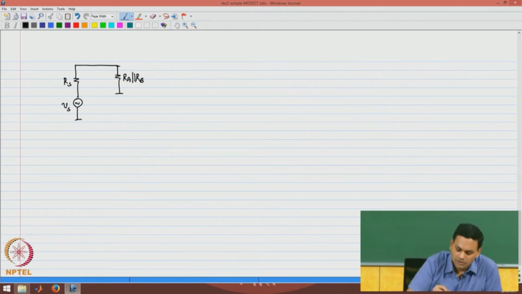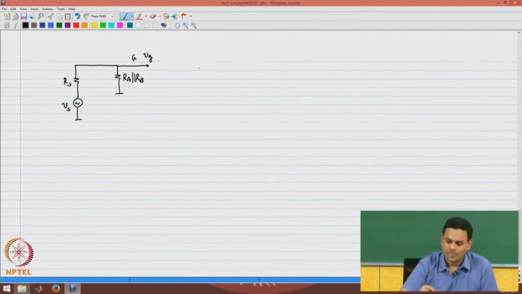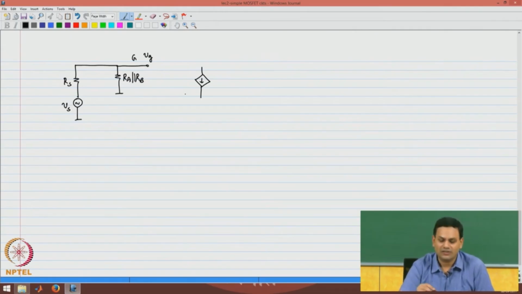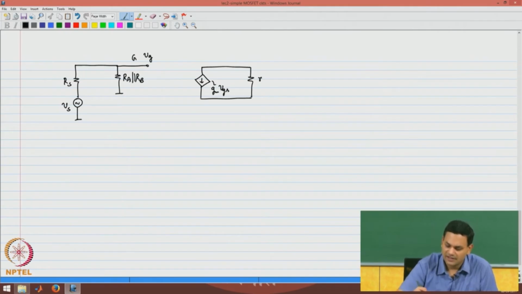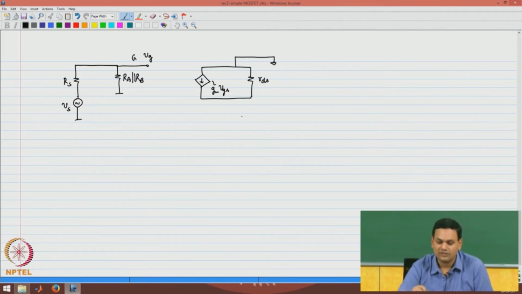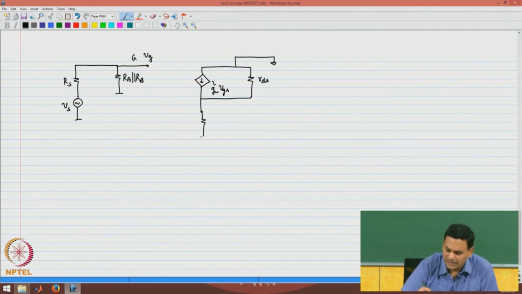At the gate terminal, the small signal equivalent circuit looks similar. On the output side, there is some small difference, as we will see. This is gm times vgs and this is rds, but now the drain terminal is at small signal ground, and at this point the current source is an open circuit for small signal, and you have the load resistance RL.